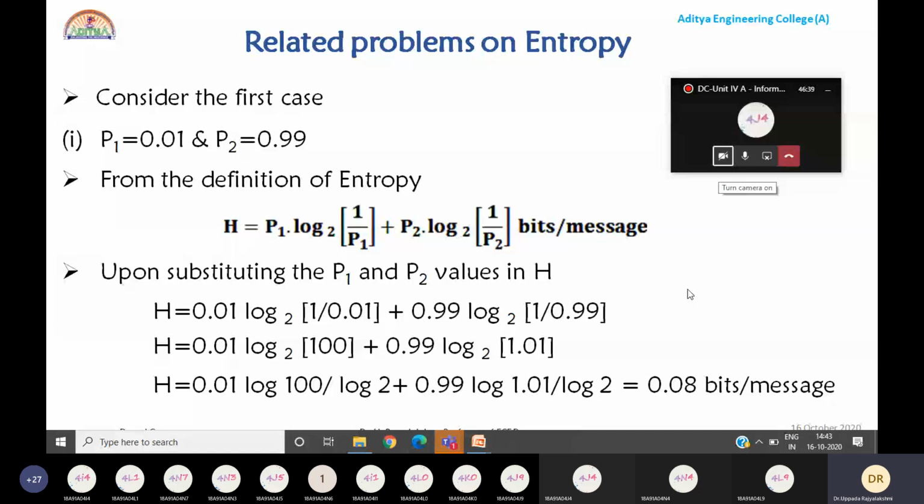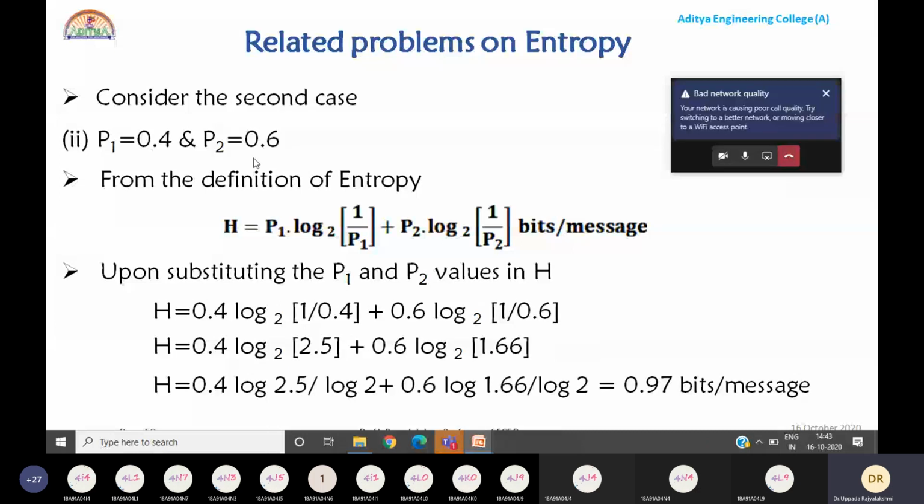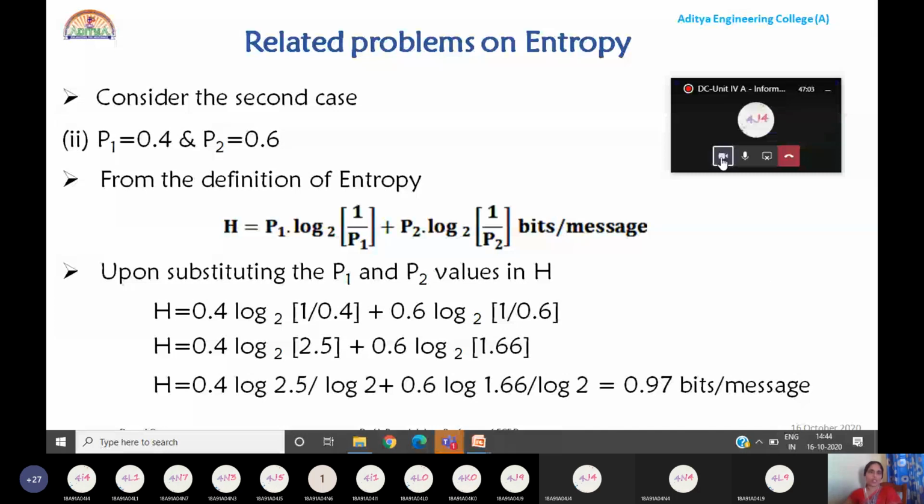What is the second case? P1 is 0.4 and P2 is 0.6. Please calculate the entropy for this case. H is P1 log 1 by P1 base 2 plus P2 log 1 by P2 base 2.